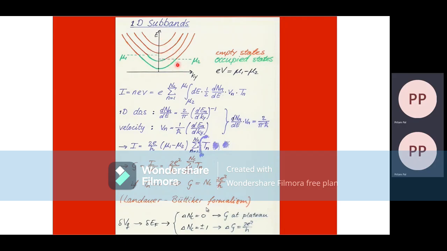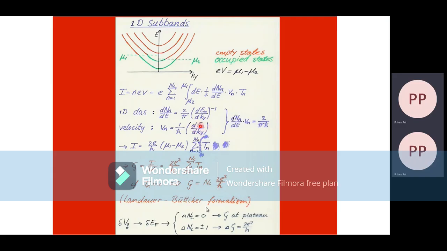of electrons times the charge times the velocity, right? So the density of electrons is the one-dimensional density, which is given by this expression, and it turns out that the velocity of the electron in one dimension is given by this quantity, right?